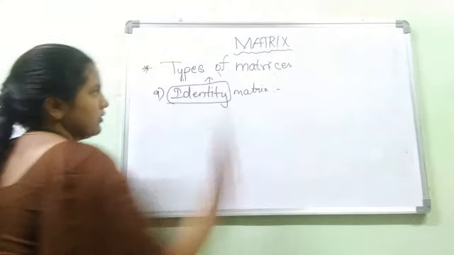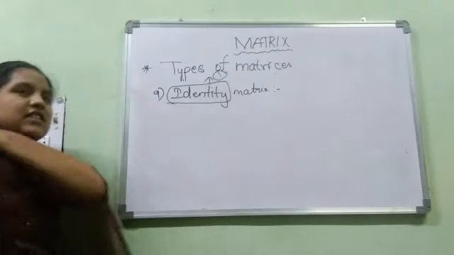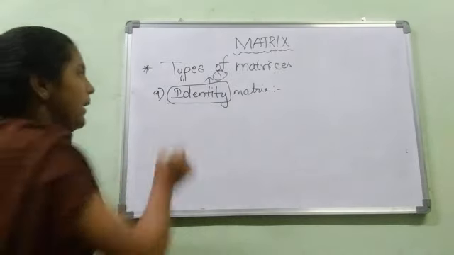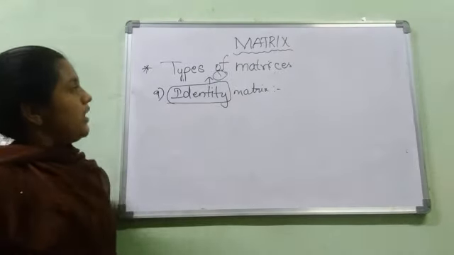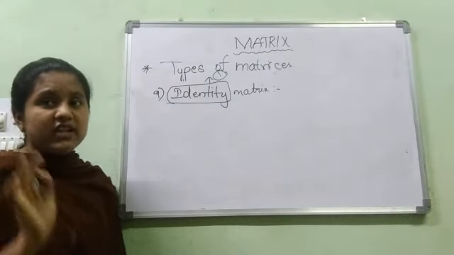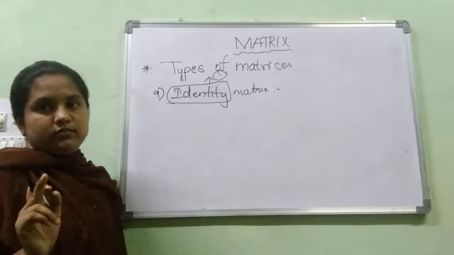It is nothing but one. Okay. The meaning of identity is nothing but one, or else the meaning is same. So the identity matrix contains zeros except the diagonal elements, where the diagonal elements contain 1. Okay.